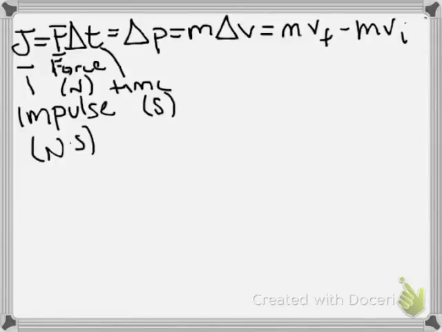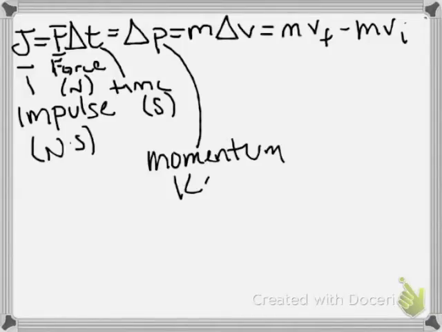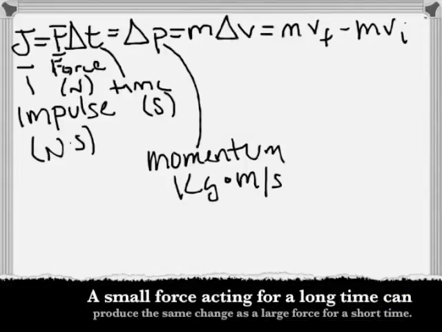Oh, kilogram meters per second. So I'll put a line here for momentum, and that is kilograms times meters per second. M is mass, that's kg, and velocity is meters per second.